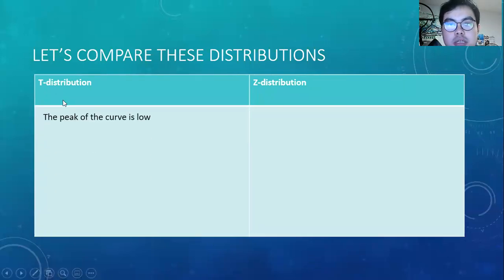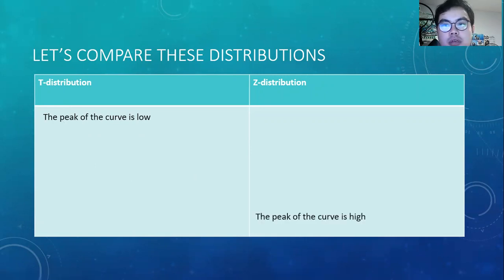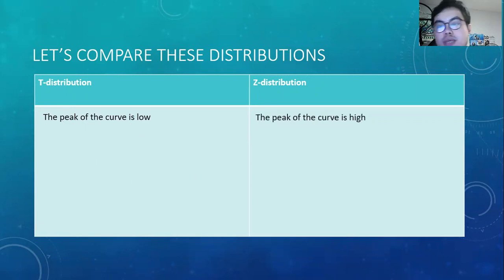The peak of the curve is low. Why is it low? It's all because the standard deviation is higher than the z-distribution. So why is the peak of the curve high? Because in z-distribution, the standard deviation is much lower.